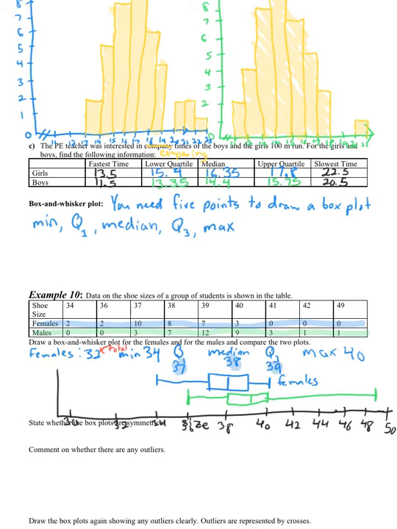That's pretty symmetrical. And for the males, it was 38, 39, 40. So that's also symmetrical. Even though they have long whiskers, these are still symmetrical. So both appear symmetrical, and we're just basing that on the box itself.